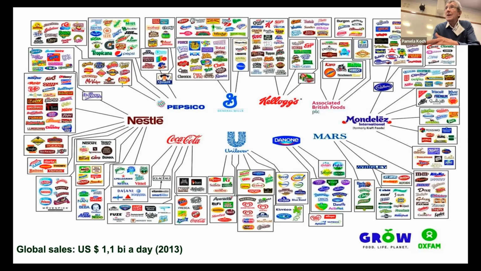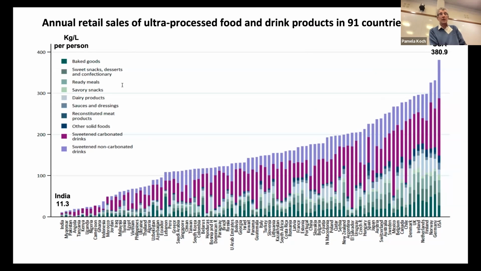And why is this important? Because the global sales of these transnational corporations are about $1 billion per day. This means they have the ability not just to satisfy demand, but to create demand. When you have this amount of resources, you can create demand for your products. Again, another important difference of ultra-processed foods.